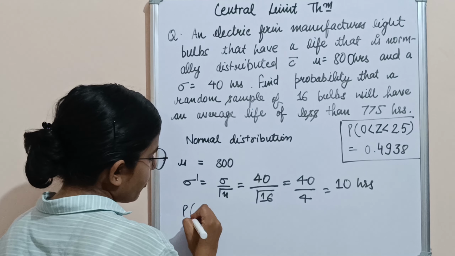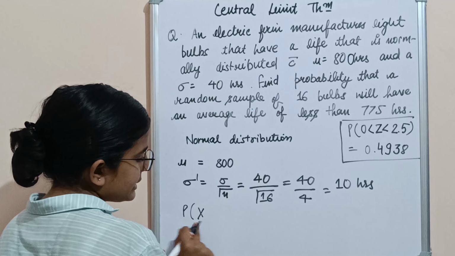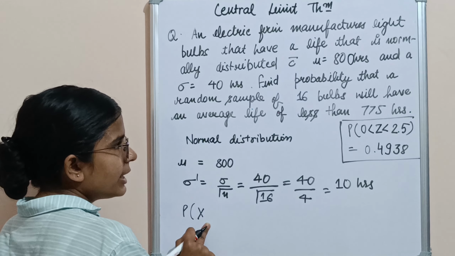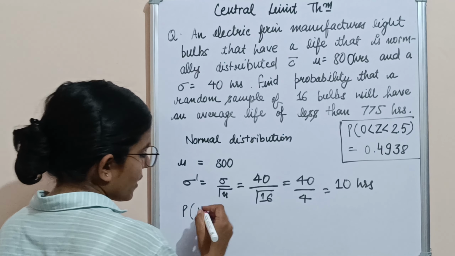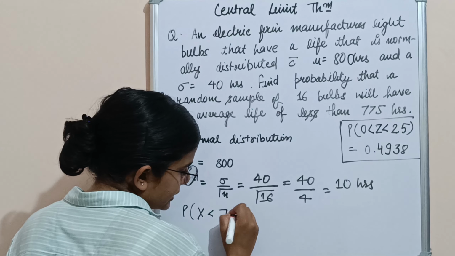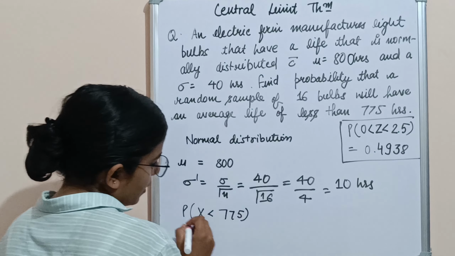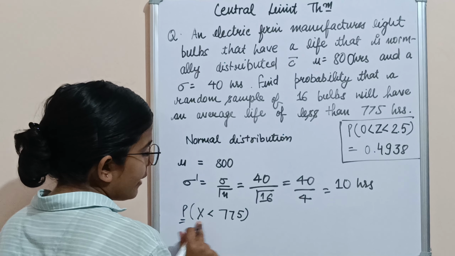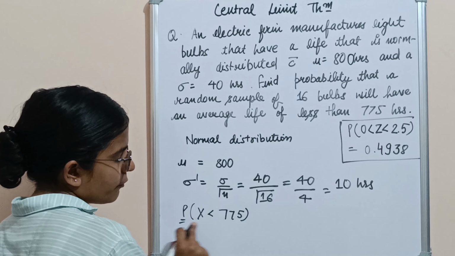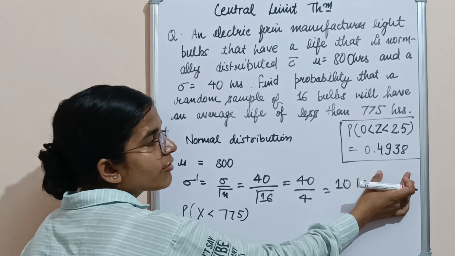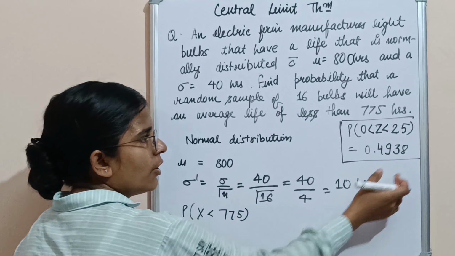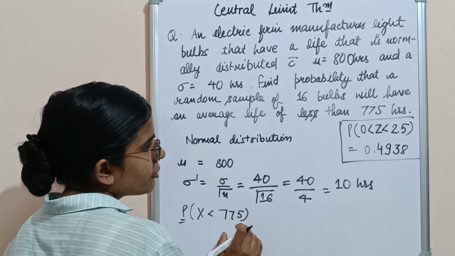Now we have to find the probability of x. Let's say x random variable defines the average life of these 16 bulbs, then it should be less than 775. Now we have this in the form of normal variate, but we have probability in the form of standard normal variate. So we will change this into standard normal variate.